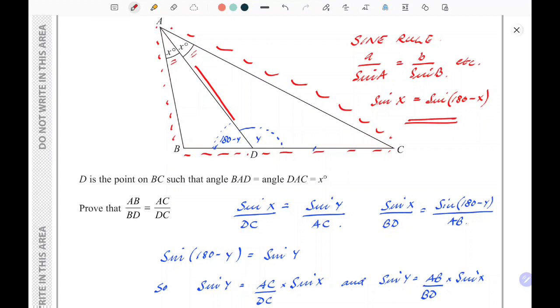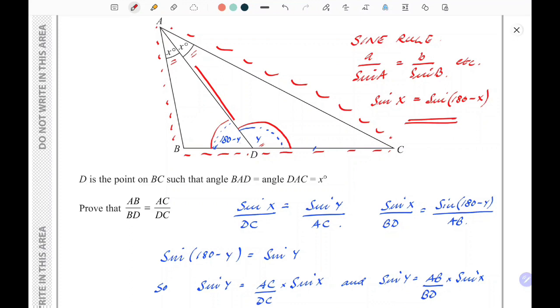But using just the angles, let's see what we have here. We know that if we label, randomly, it doesn't matter what the angle actually is, but if we label the angle ADC as being y, then angle ADB, this one, must be 180 minus y.